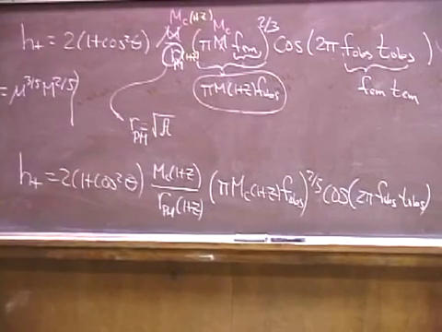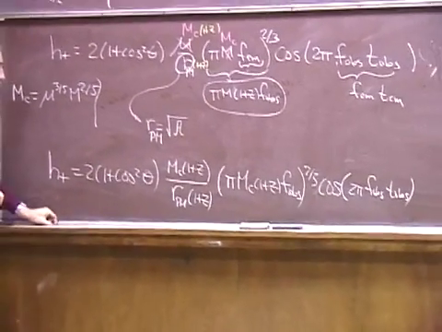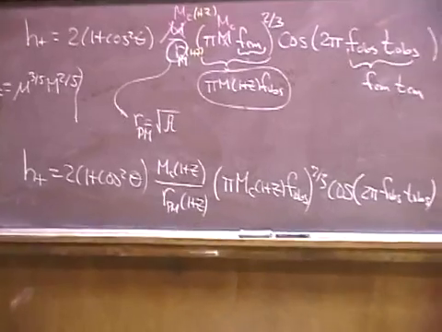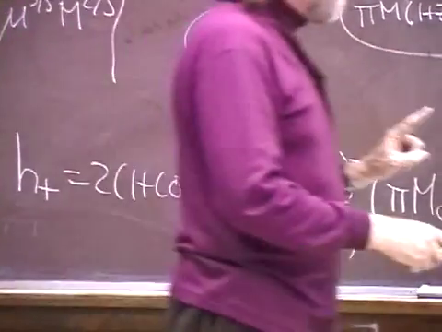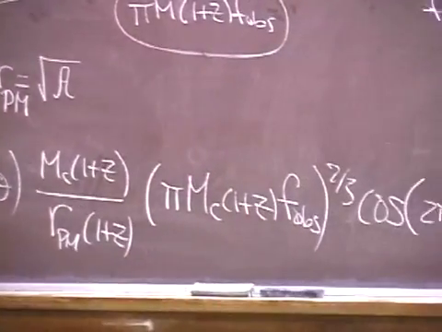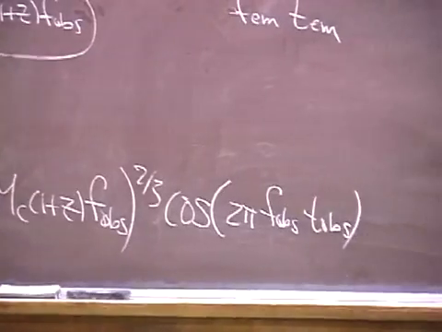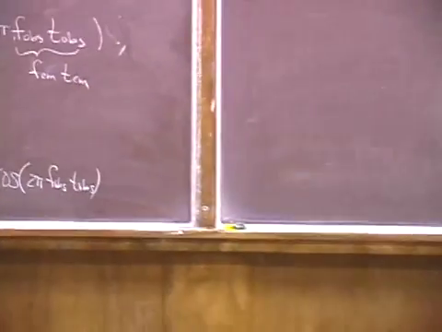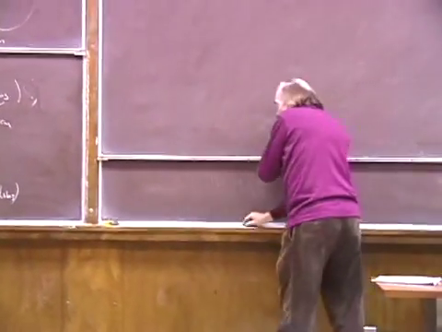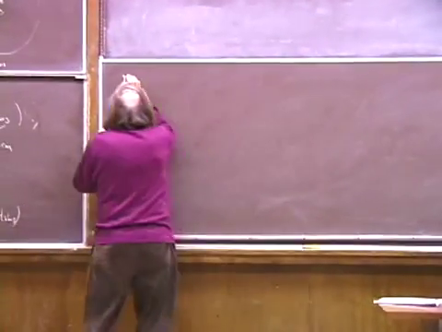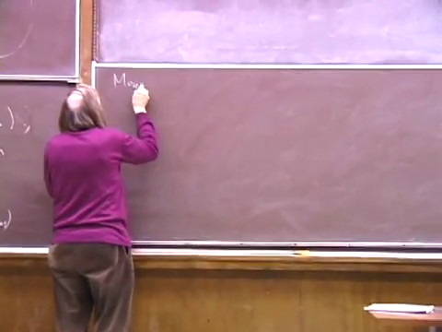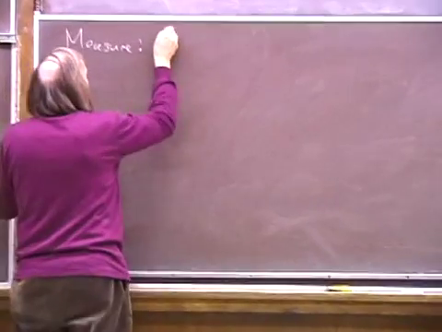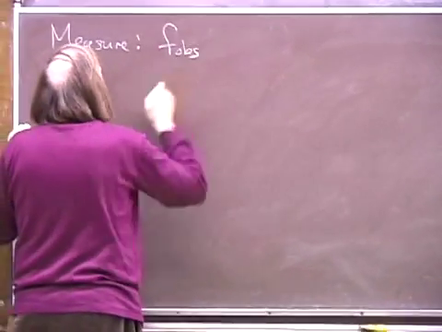So it's evident then from this expression what we should be able to learn from the observations of the gravitational waves, if we have no other information: we can measure F observed.